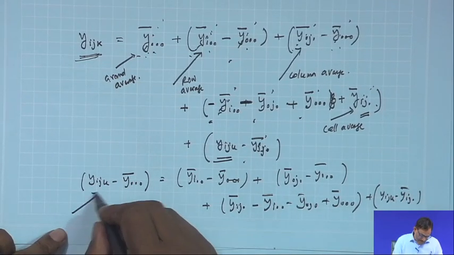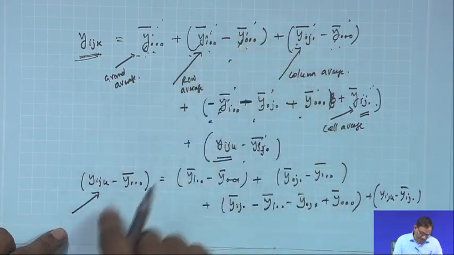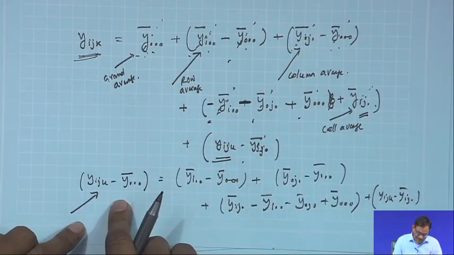So this is the general deviation for an individual observation.